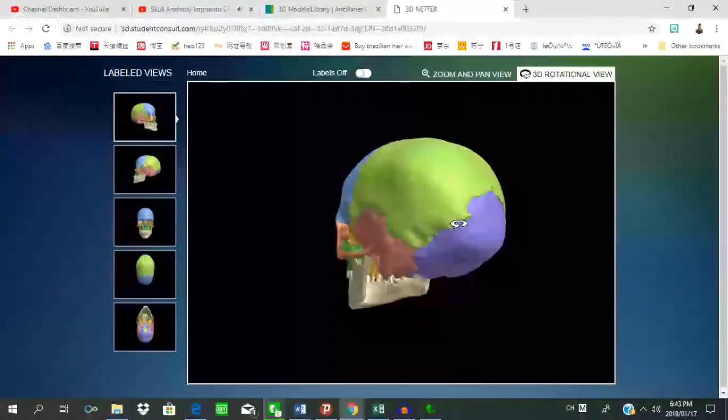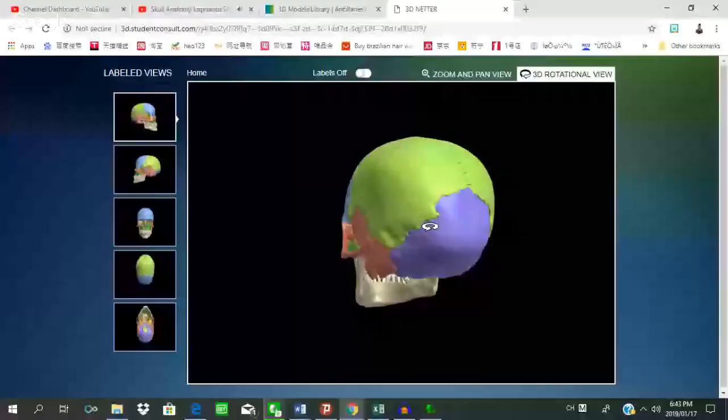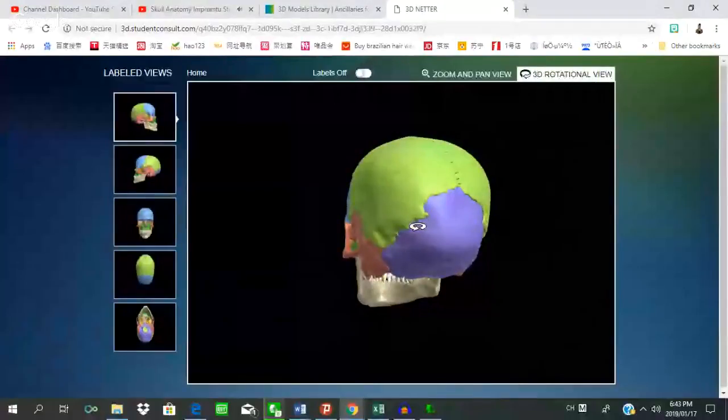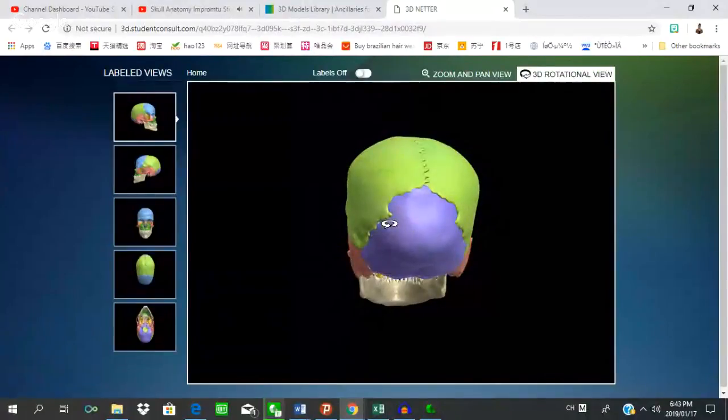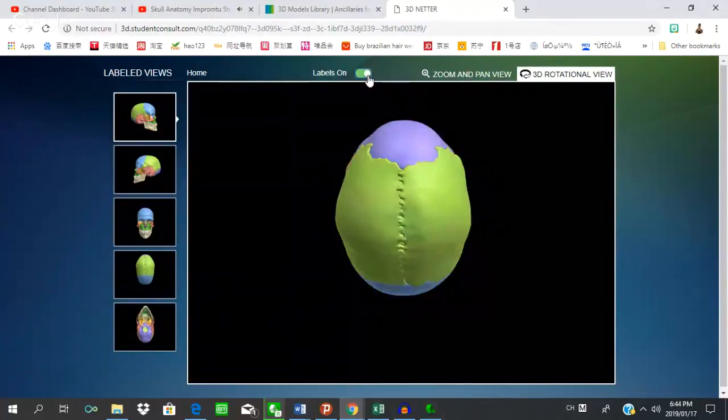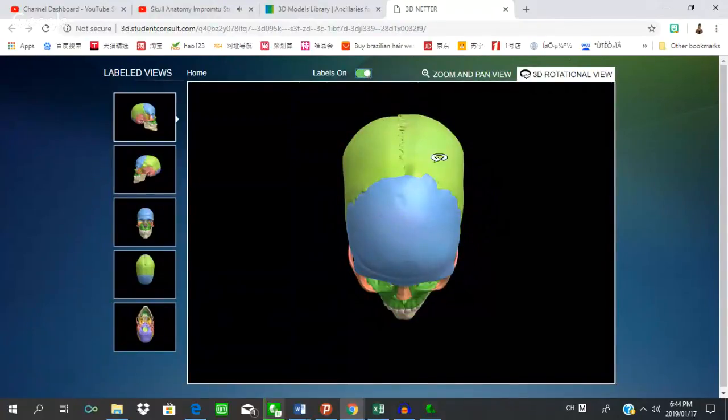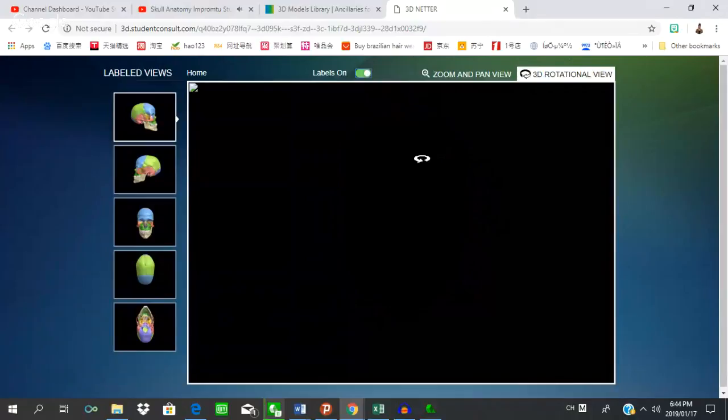I wanted to bring it back this way so I could explain the lambdoid suture much better. It's got on a full-on tangent. All right, we'll wait for it to load again.